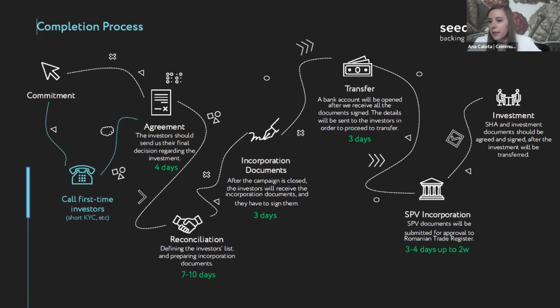Then we have the reconciliation period of at least 1 week, and then for the incorporation documents, we usually set a deadline within 3 days, but usually it takes longer. Also, the investors have 3 days at their disposal for wiring the transfer, but it sometimes lasts up to a week.